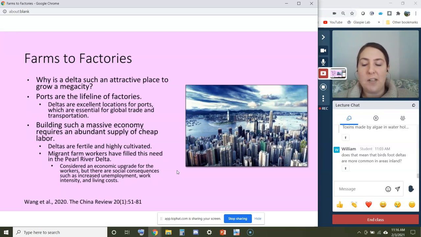For instance, there's actually increased unemployment, increased work intensity, and increased living costs that these folks have to deal with. So it's an interesting situation to transition a region of your country in this way. But these are the kinds of decisions that were behind deciding to invest in this delta. And you can definitely see how deltas are really important places for society.